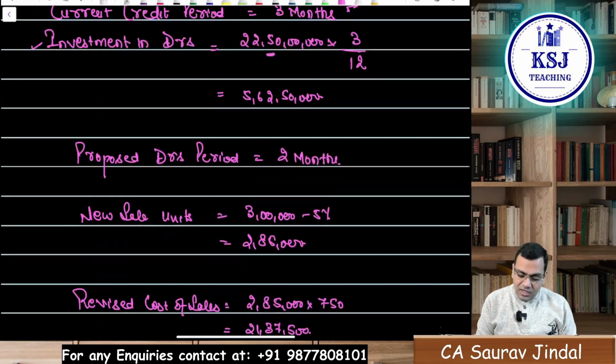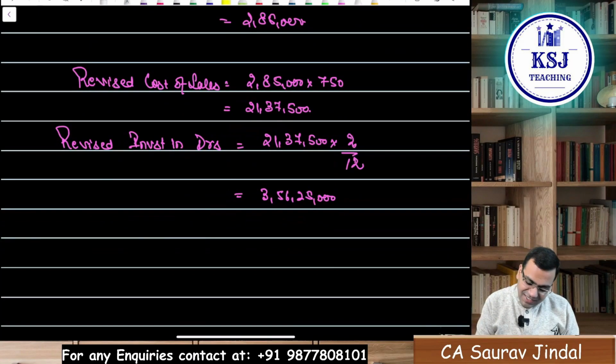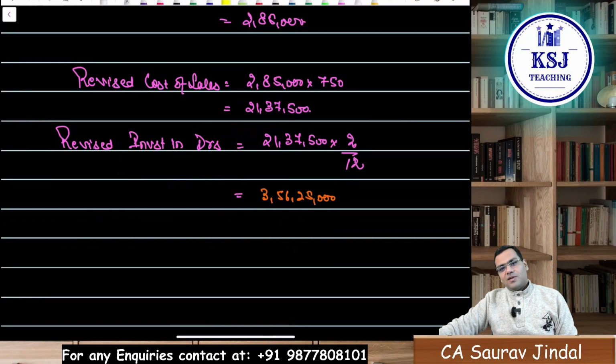That means your earlier investment was 5 crore 62 lakh 50,000, and your revised investment is 3 crore 56 lakh 25,000. Now you have saved money here.